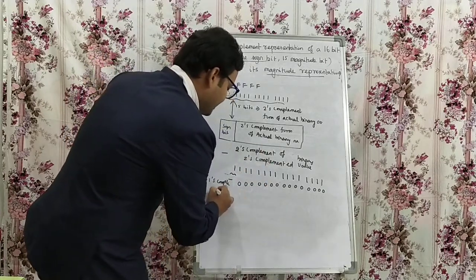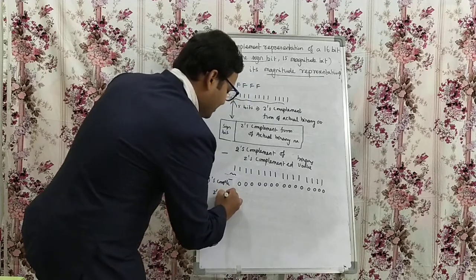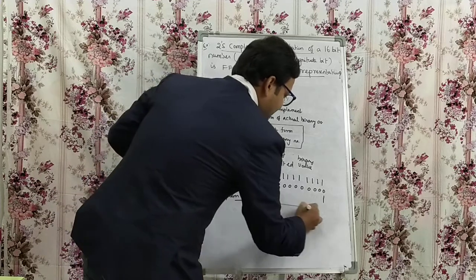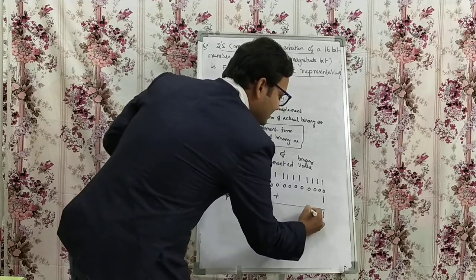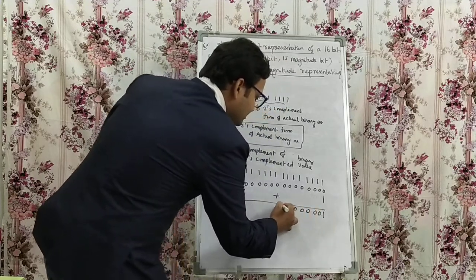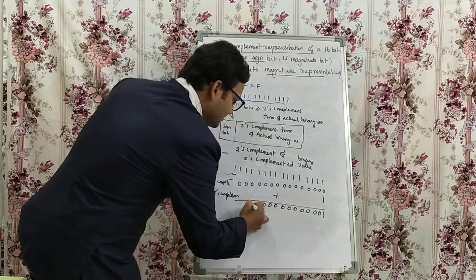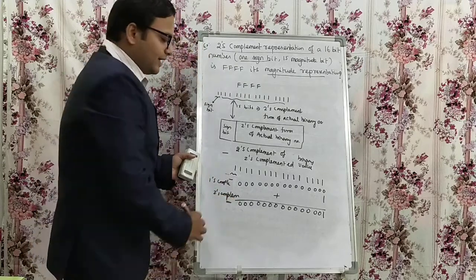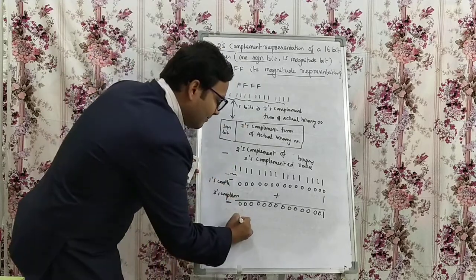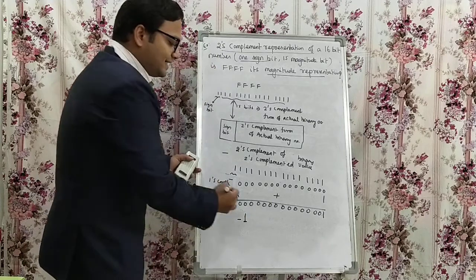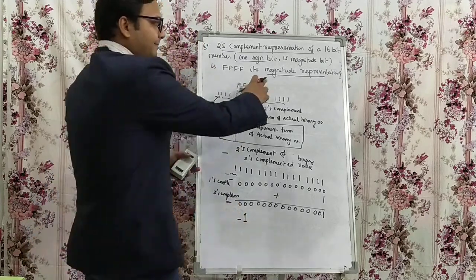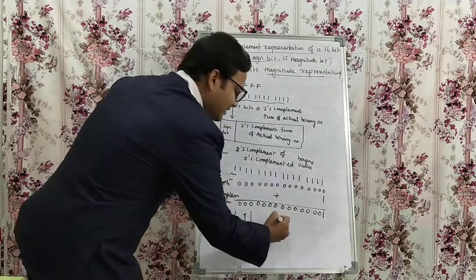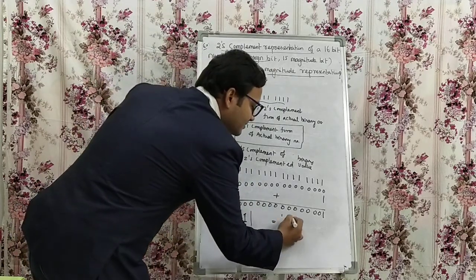To get the 2s complement, you add plus 1, which gives 1 0 0 0 0 0 0 0 0, and this is negative. So what is my value now? Minus 1. Now he is asking for the actual binary value, which is the magnitude representation. The magnitude is 1. So the answer is 1.